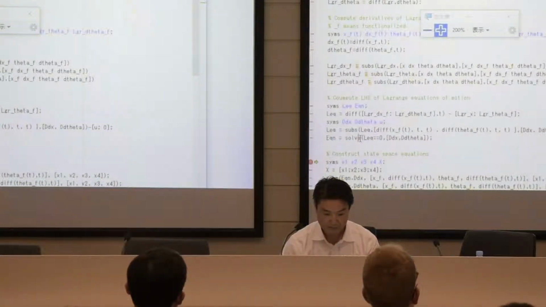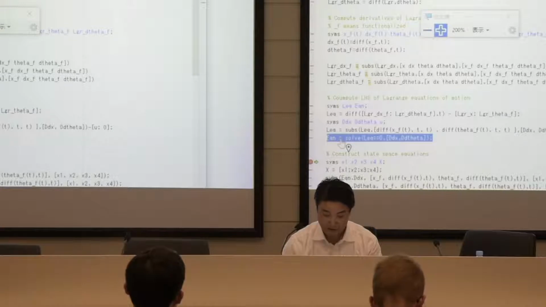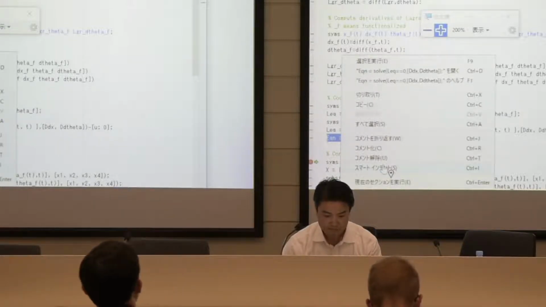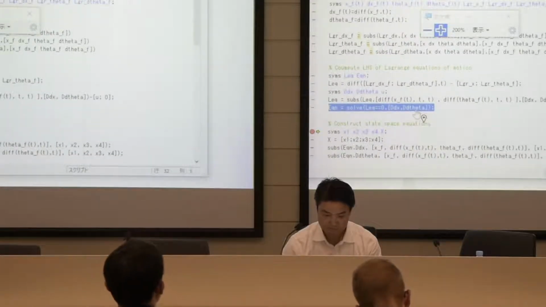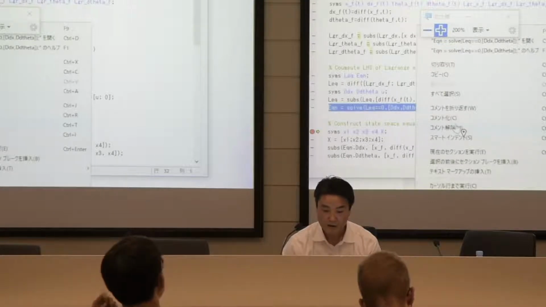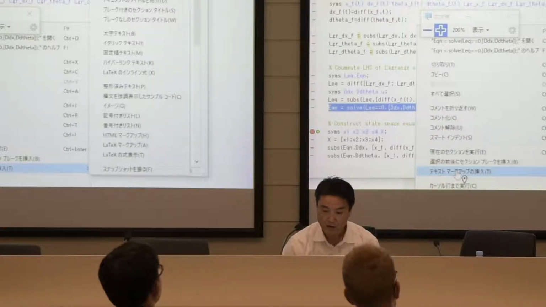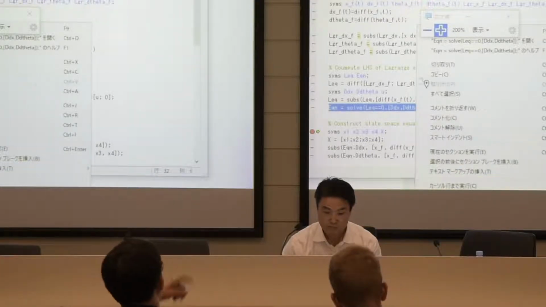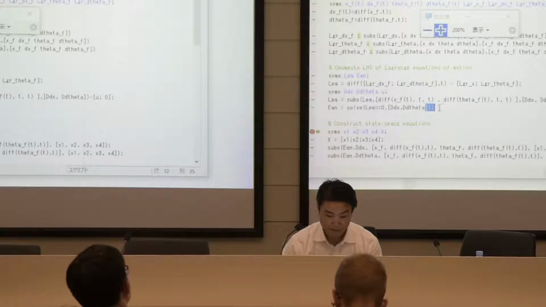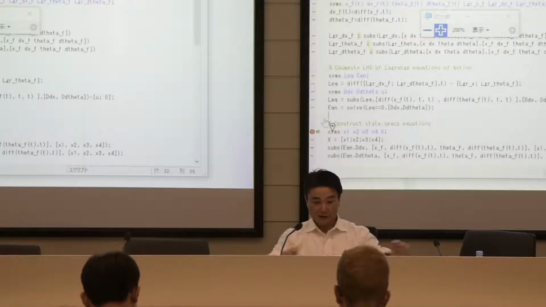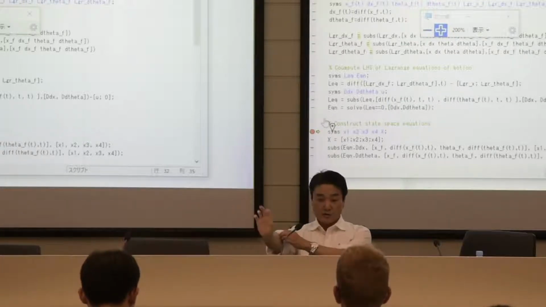Yeah, F9. Highlight this part and push F9, then the highlighted part is computed.